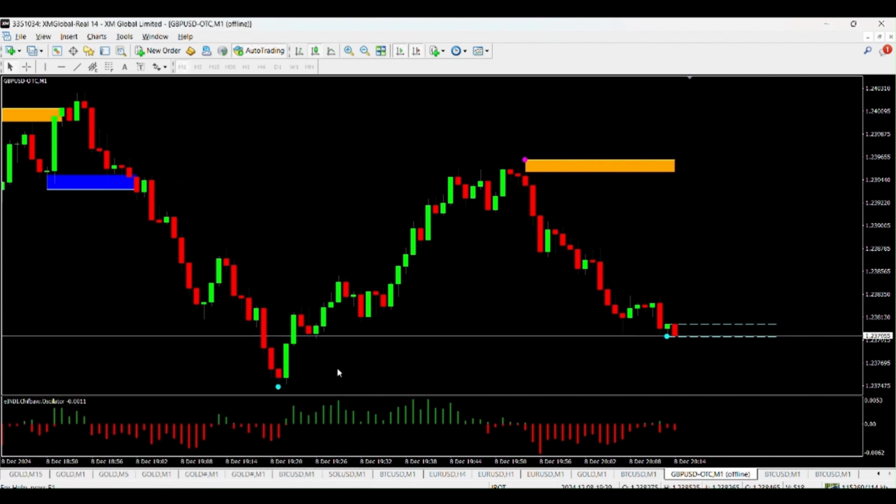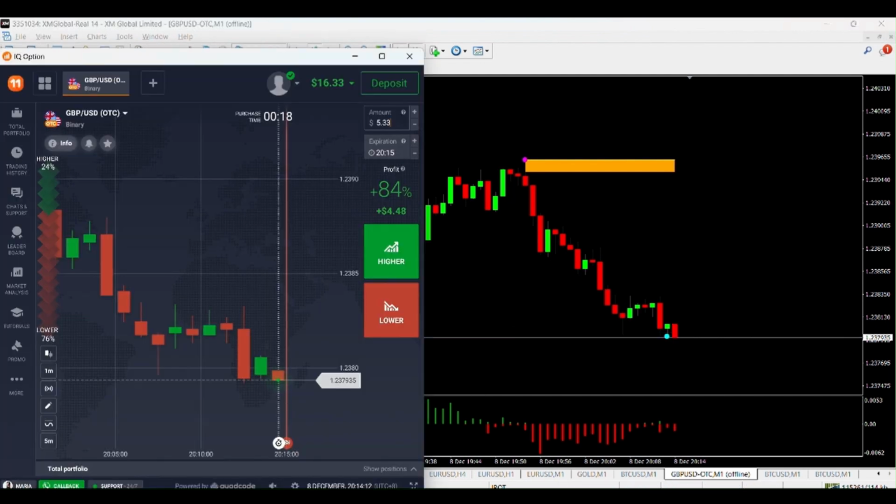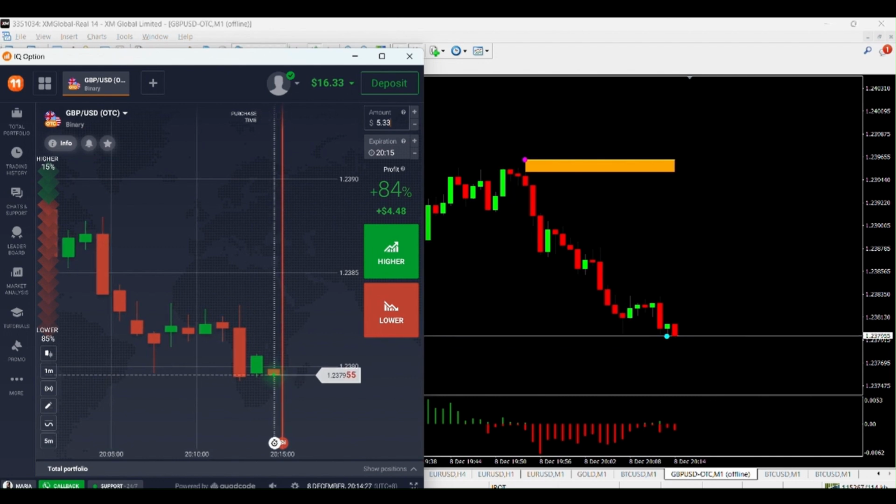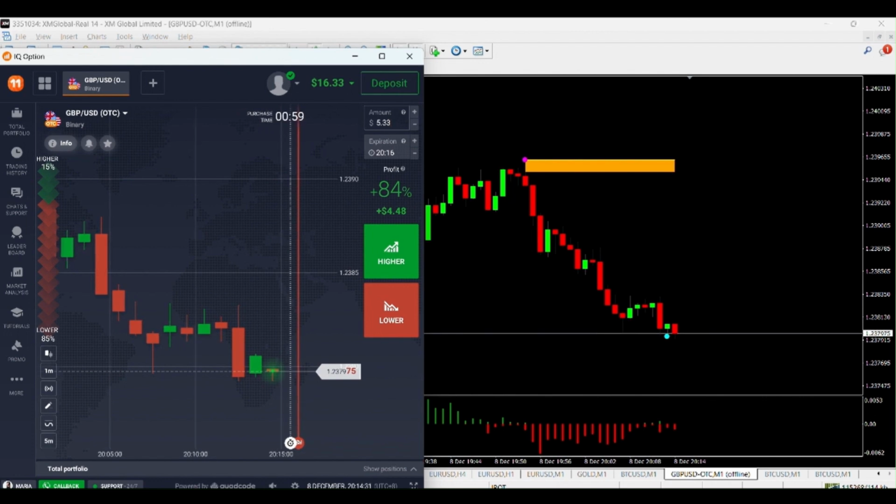Oh, I did not take the signal because the blue zone at the very left part is a bit far from our current candle, and we see here it's a big red candle forming right after the signal. So for these types of signals, we can skip them.